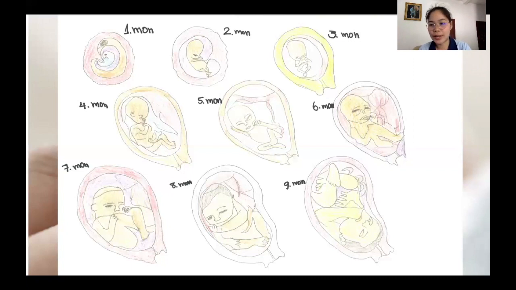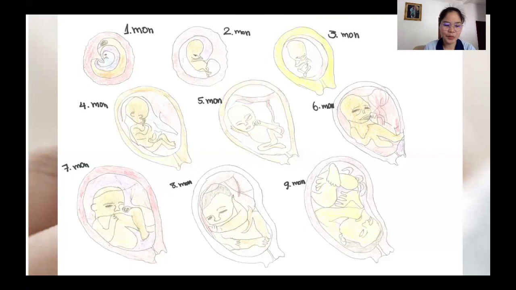For sure, the baby in month number 5 should be bigger than in month number 4, right? In the 5th month, the baby should be about 10 inches long and about 1 pound, or approximately 453 grams.